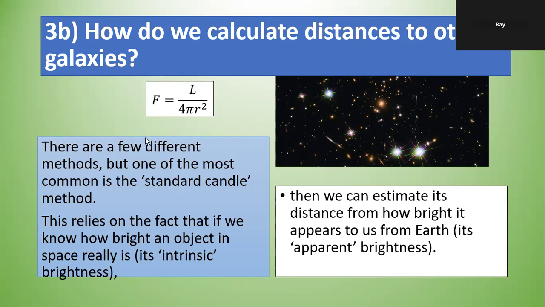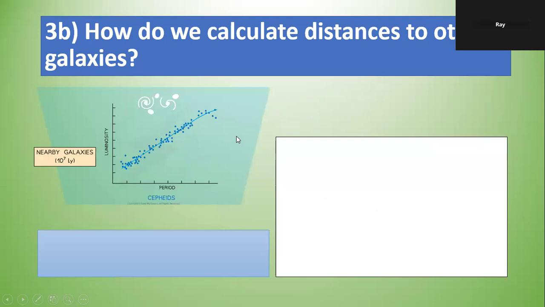It's apparent brightness, right? We can measure F from Earth. L relies on the natural or intrinsic brightness. Then we can calculate our R. Okay, there's the graph that we can draw.